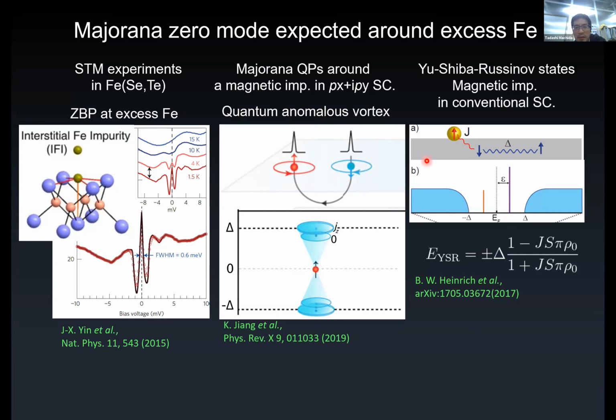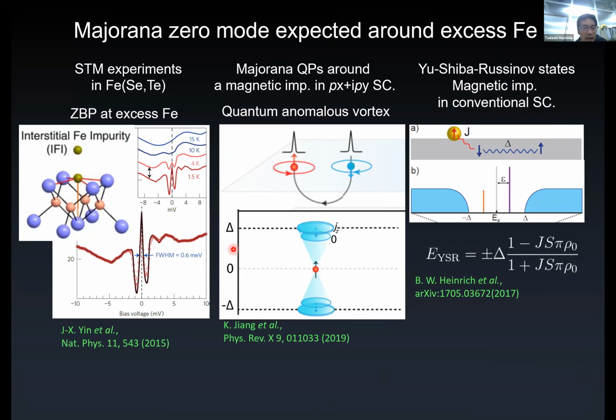However, of course, we can also expect the conventional Yu-Shiba-Rusinov states around these excess iron impurities, because these excess iron impurities work as magnetic impurities in the superconductor. So we have to distinguish between the Majorana zero mode and the conventional Yu-Shiba-Rusinov states.